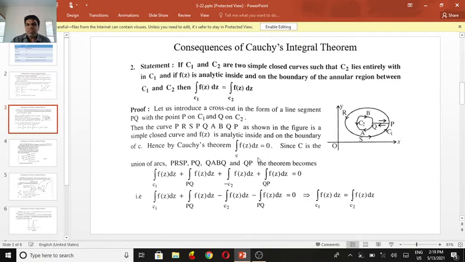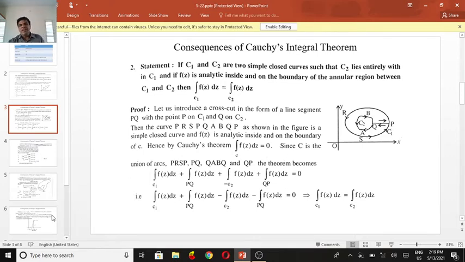Since C is a union of arcs, if we take the total, C is a union of arc P R S P, and P Q, and Q A B Q, and Q P. Observe this: there are unions of curves, P R S P is one curve, P Q is another curve, Q A B Q is another curve, and Q P is another curve.